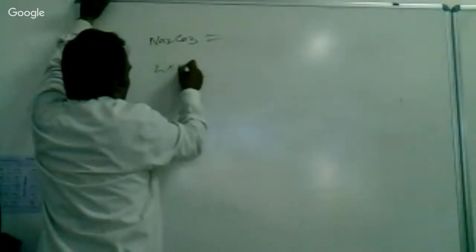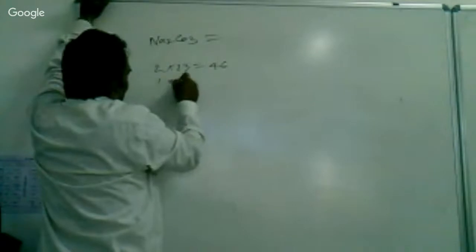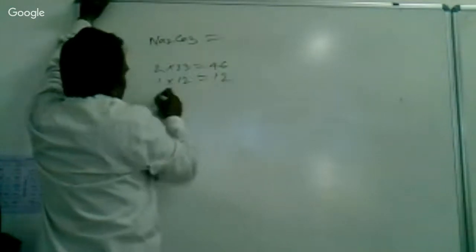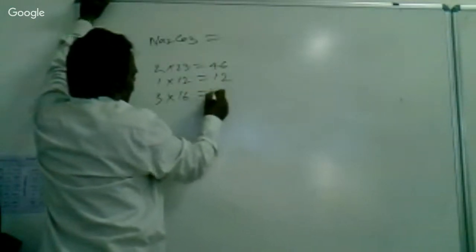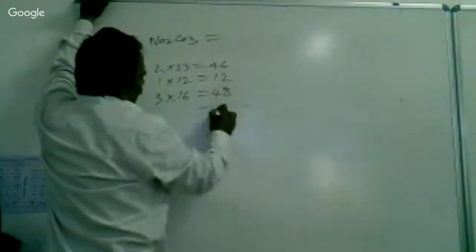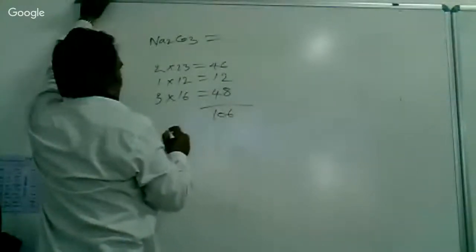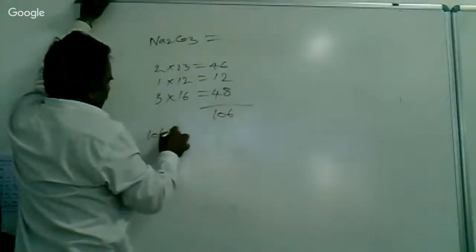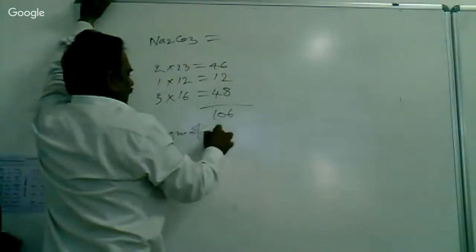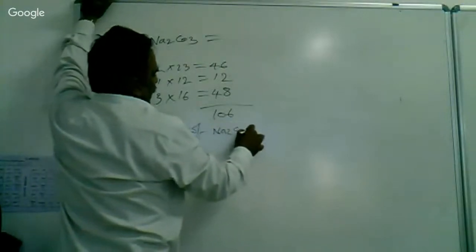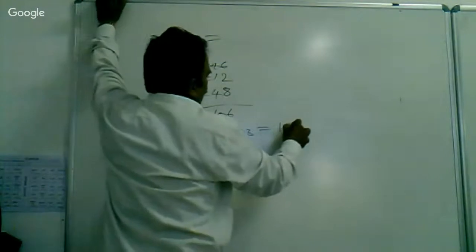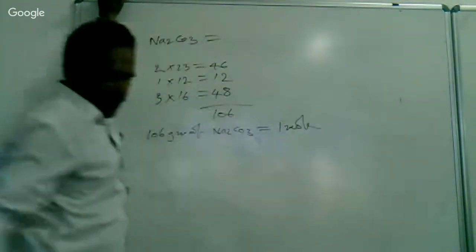So sodium is 23. So 2 into 23 is equal to 46. And 1 carbon, 1 into 12 is nothing but 12. 3 oxygens, 3 into 16, nothing but 48. And the total becomes 106. So 106 gram of Na2CO3 is nothing but 1 mole.